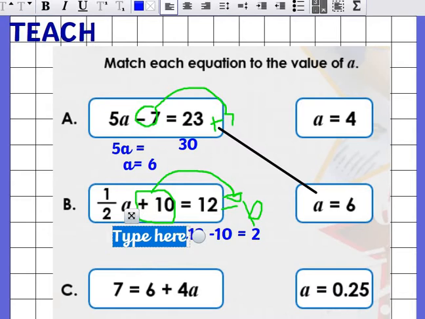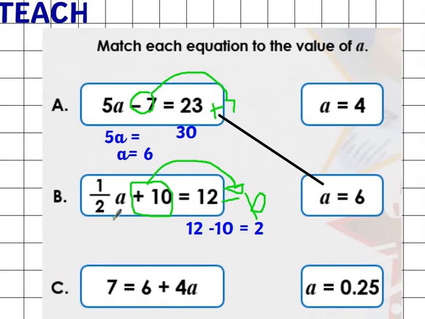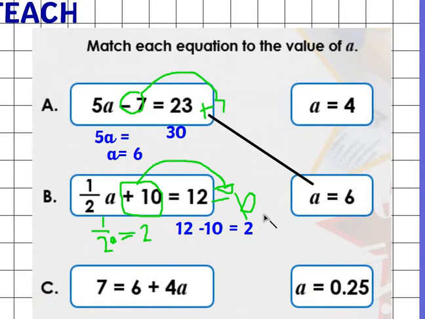So half a equals 2. But we haven't got a 2 there, so there's a half of a, so we need to double that. 2 times 2 is 4, so that one would become there.